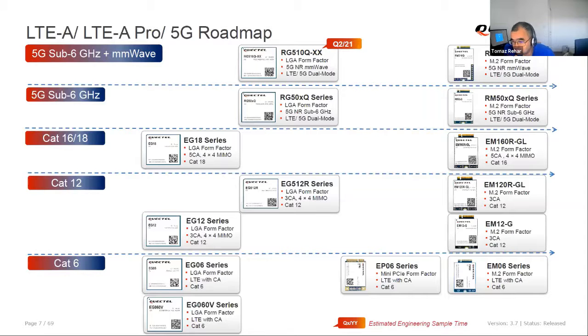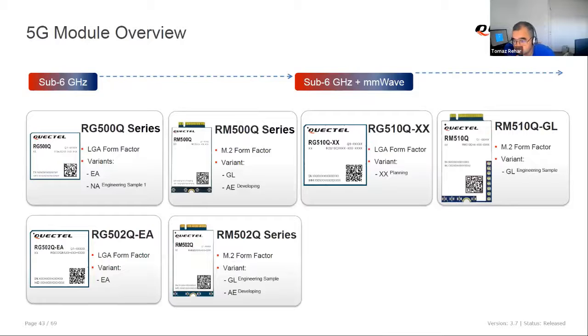That's more or less everything from the slide which I want to show you. On 5G, as we said, we have a set of modules. Maybe here Radu can say in detail what the differences are between these models.